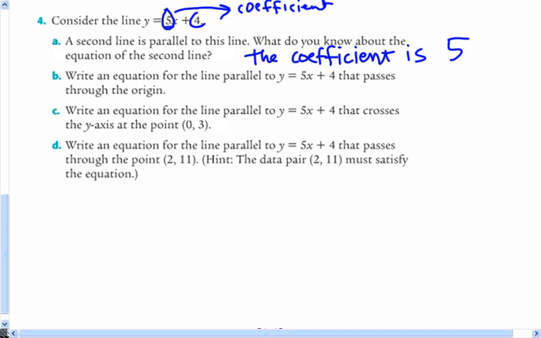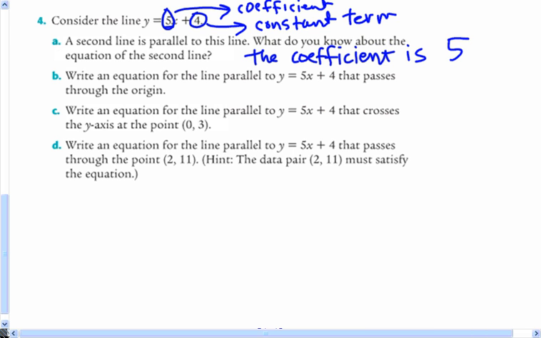And in the equation, the part that's added to the end is called the constant term. All right. So we want to write an equation for the line parallel to y equals 5x plus 4 that passes through the origin.